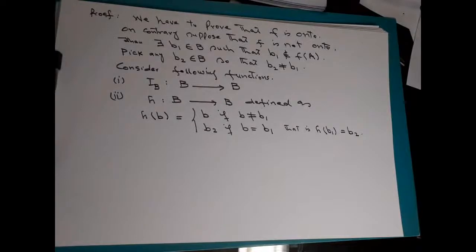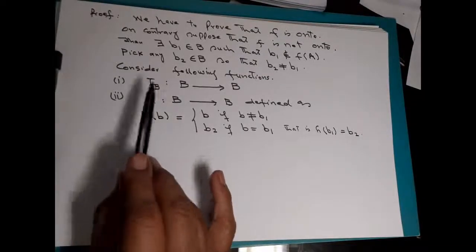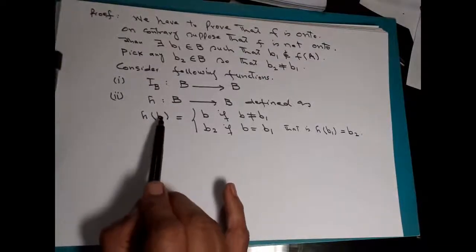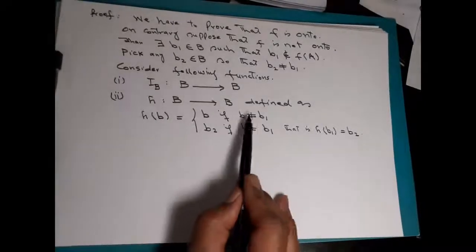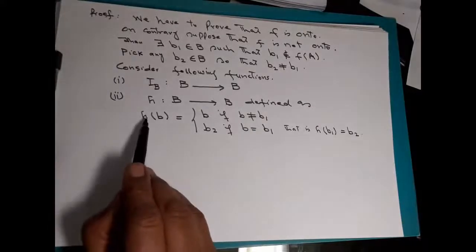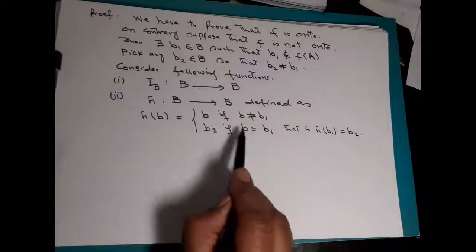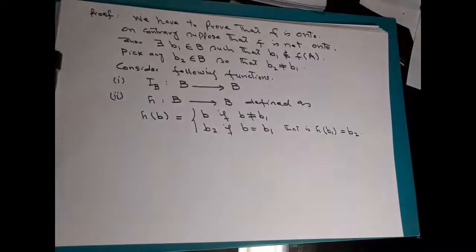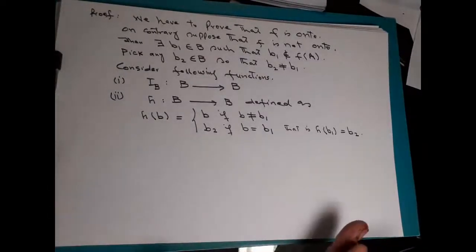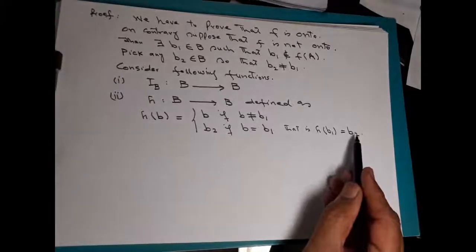So note that this function h is in fact almost the same as the identity function I_B, because the effect of h on b is equal to b, except for b1, where the effect of h on b1 is equal to b2. So this function h is almost the identity function on B except for one point, and that point is b1, where the effect of h is b2.